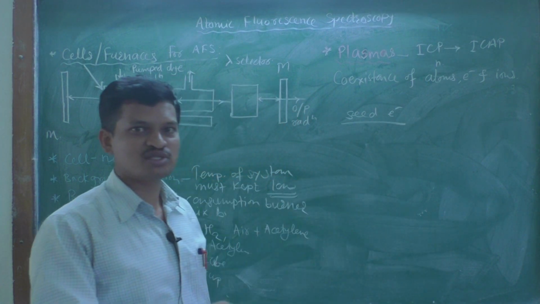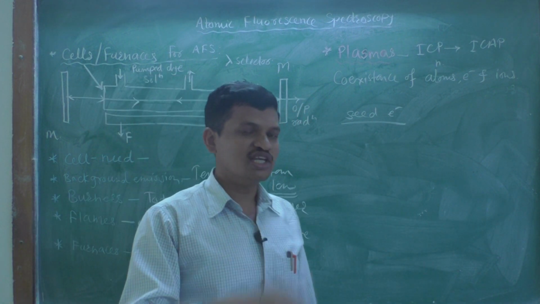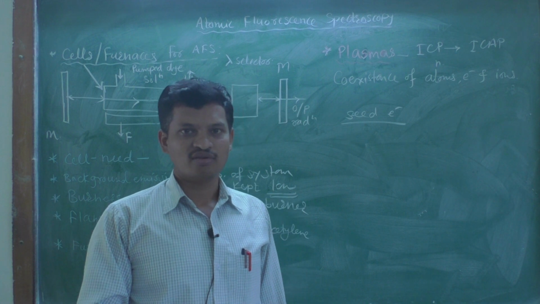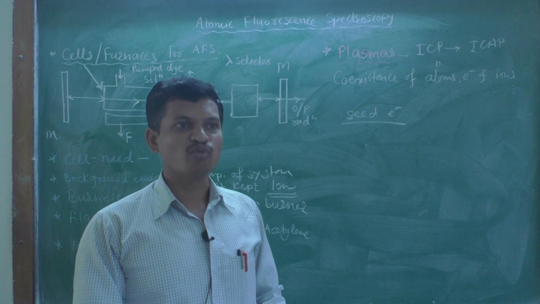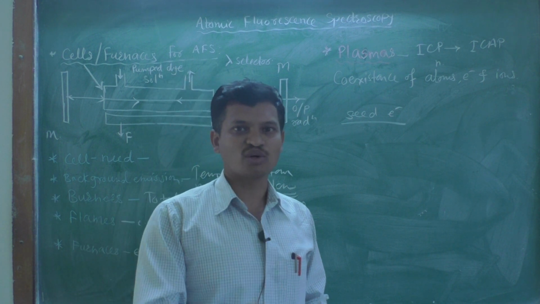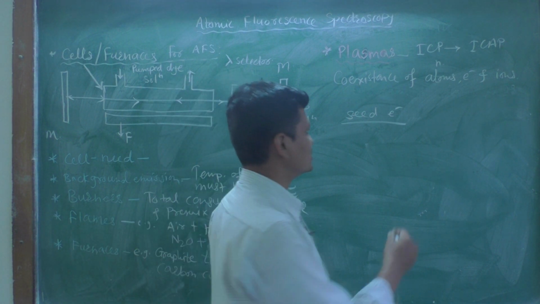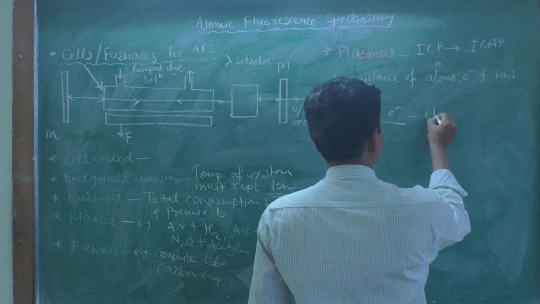Seeding of electrons means that, for initiation of the process, we must add some electrons by an electric discharge.